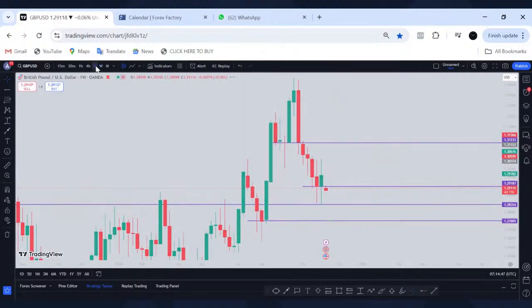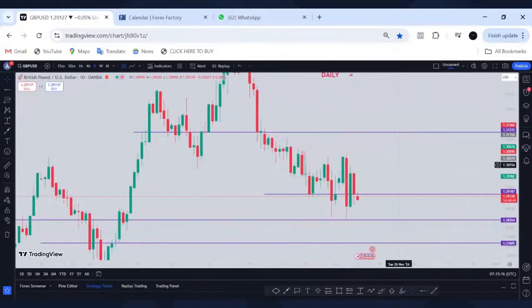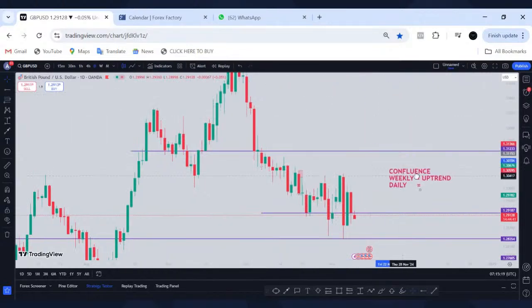So the weekly time frame is a downtrend. Looking at the various confluences, the daily time frame is currently consolidating.